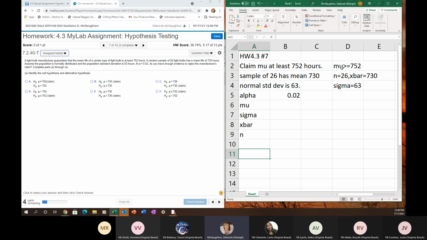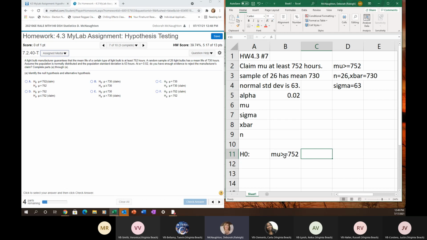And then this is our claim, and it has a greater than or equal to. So that means that this is my null hypothesis. So my null hypothesis is this. I'm just going to copy this because I don't want to retype it. That mu is greater than or equal to 752.